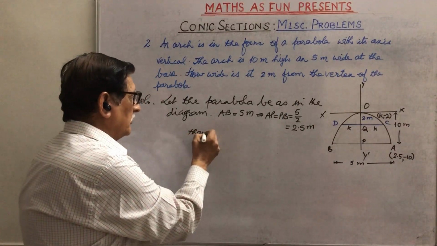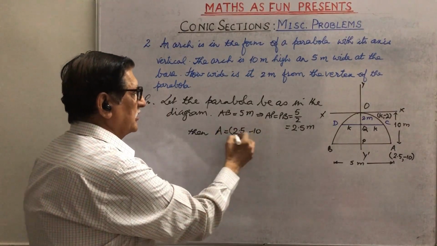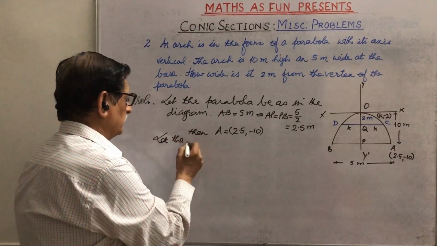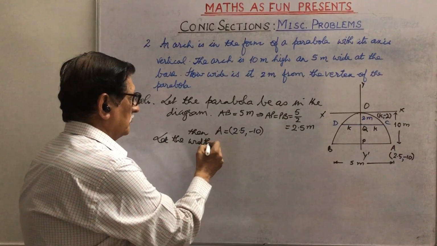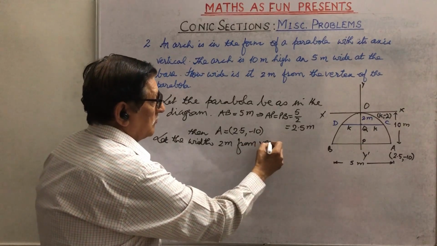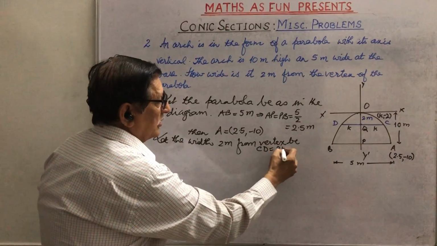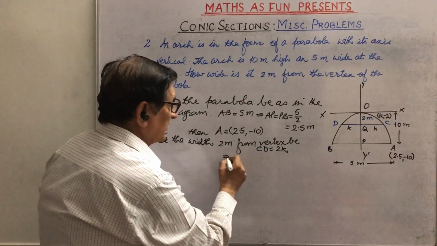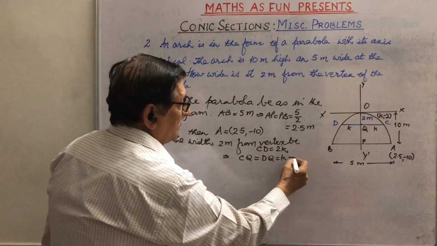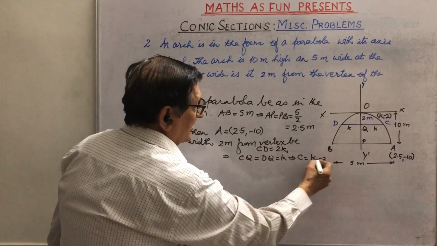Then the coordinates of A will be 2.5 comma minus 10. Let the width two meters from vertex be CD equal to 2k. This implies that CQ is equal to DQ is equal to k, and therefore we can say C will be k comma minus 2.